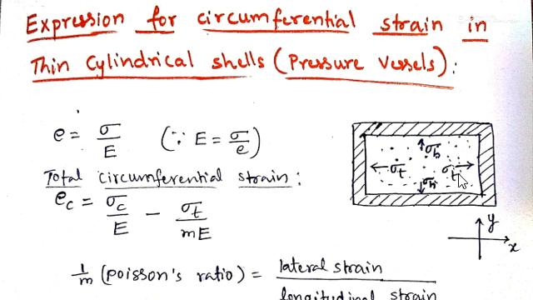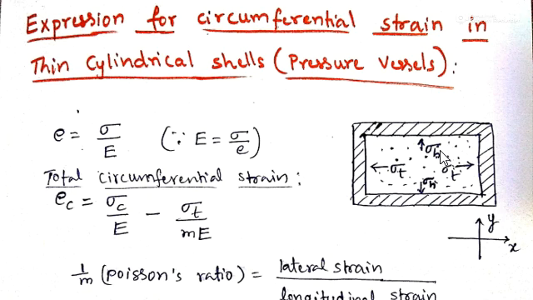The force acting along the lengthwise direction will produce a stress called longitudinal stress, represented by sigma t, and the force acting in the circumferential direction, along the diameter direction, will produce a circumferential stress or hoop stress.